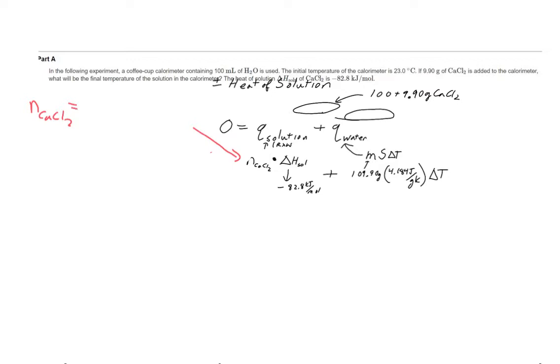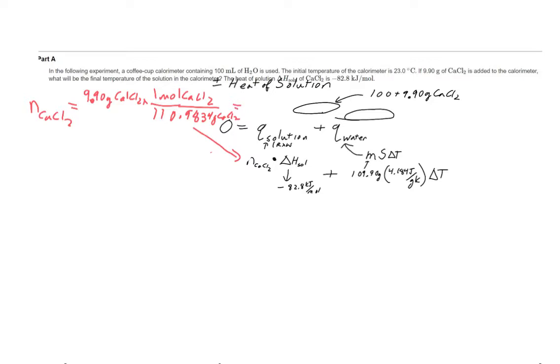And my moles of calcium chloride is going to be equal to 9.90 grams of calcium chloride times 1 mole of calcium chloride over, and let's see, calcium chloride is 40.078 plus 2 times 35.4527, 110.9834 grams of calcium chloride.